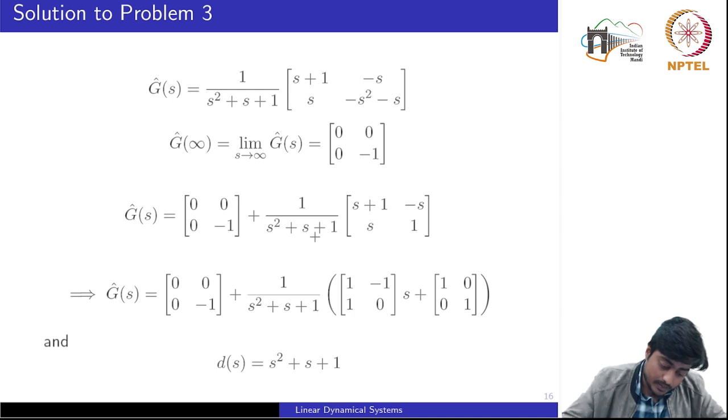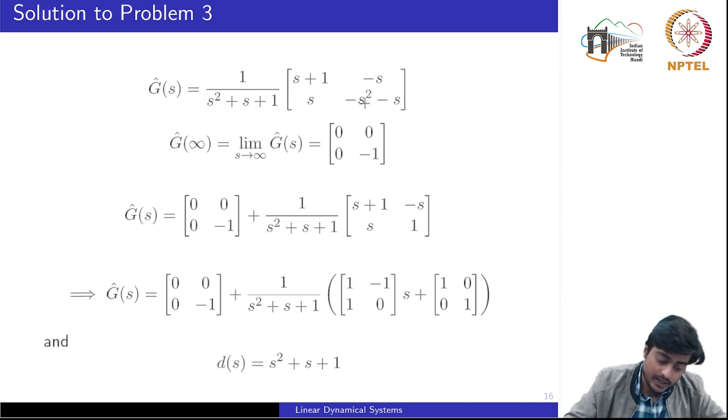Now the strictly proper part is pretty much straightforward here. The matrix is already given in that form, where this part you can directly take as the denominator polynomial. The numerator polynomial we would take as this one, because the first, second and third elements all have a degree less than the degree of this denominator polynomial, while this polynomial has a degree equal to this polynomial.